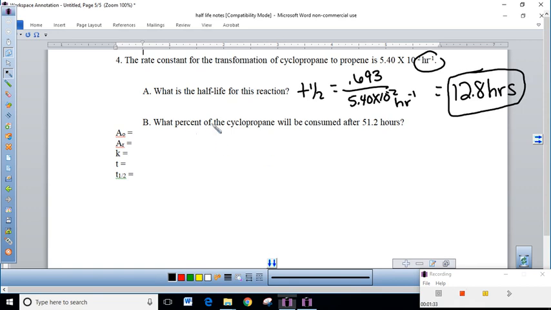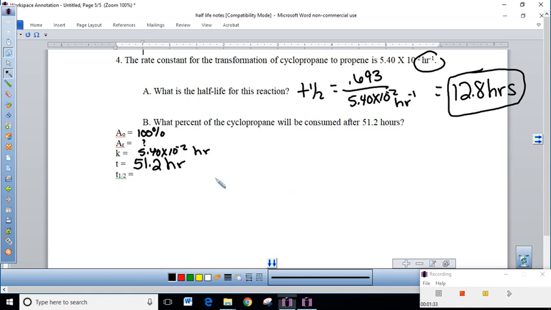Okay. What percentage of cyclohexane will be consumed after 51.2 hours? So we know this, and we know the K. Anytime you're dealing with percents, you could deal with 100 as your original percent, and you can find the other percent.